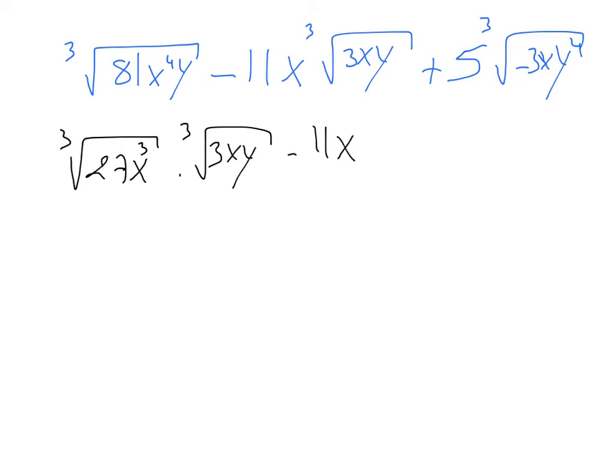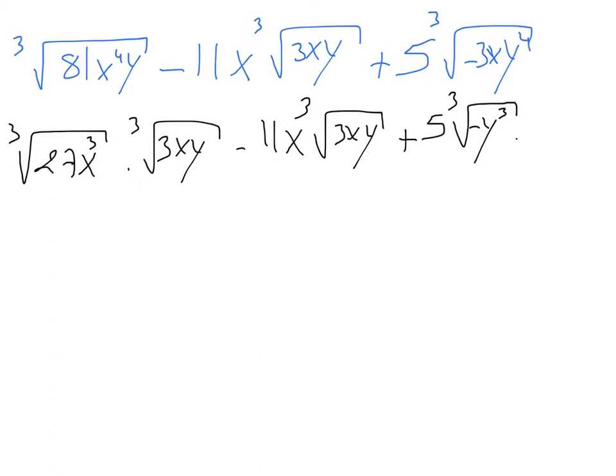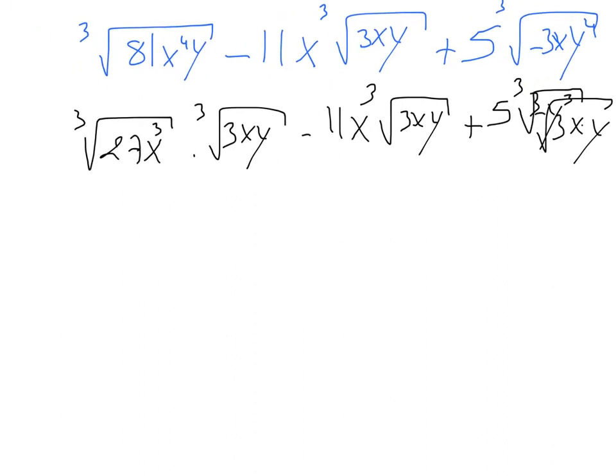We do nothing for this one because it's already simplified, so we get the third root of 3xy, and plus 5 times the third root of negative y cubed, right? And then times the third root of 3xy. Good. Okay, now we continue here.